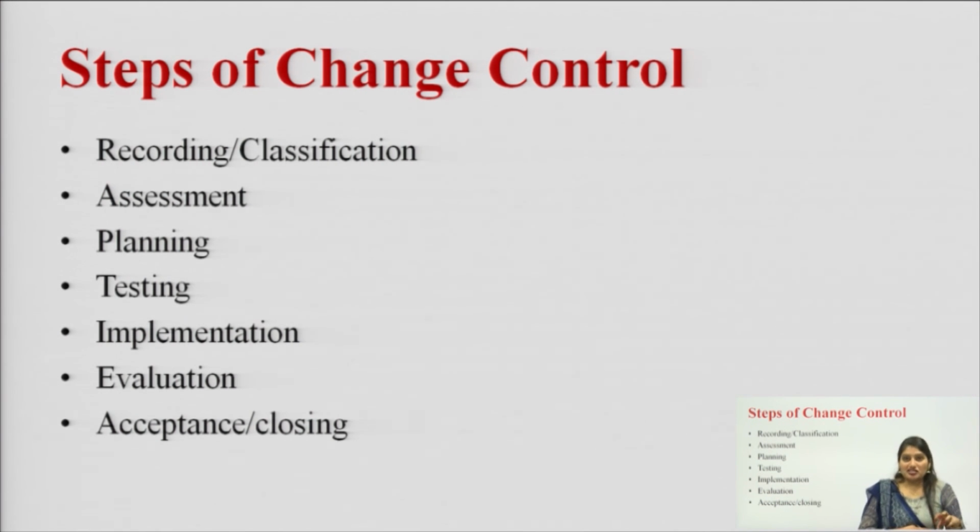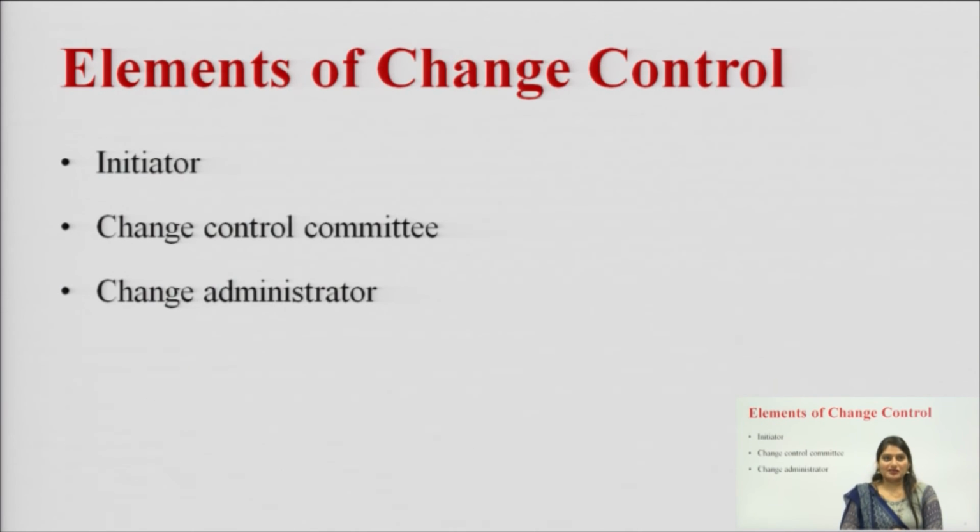In the evaluation step, we will evaluate the effect of the implementation step, and in the last acceptance or closing, we will decide whether the change will be accepted or application will be closed based on the data obtained from the evaluation step.